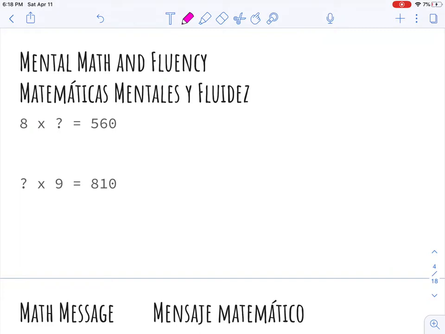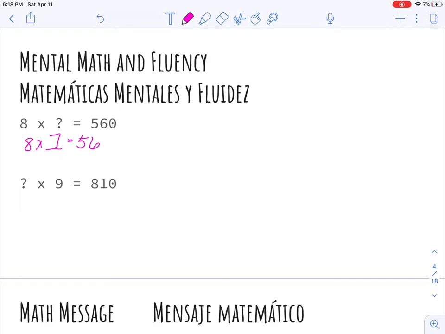All right, one more. So we're thinking about this in terms of division. Remember, when we're missing one of the factors, we're thinking about division. So 8 times what is 560? So I need to think about this basic fact. 8 times what is 56? We know 8 times 7 is 56.